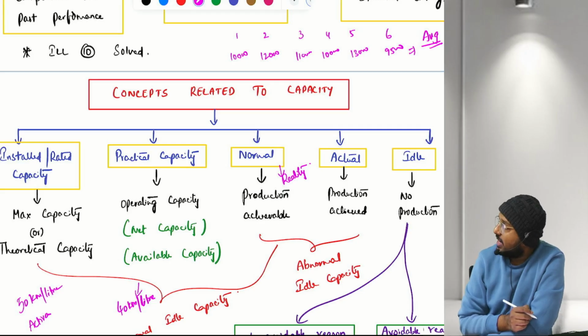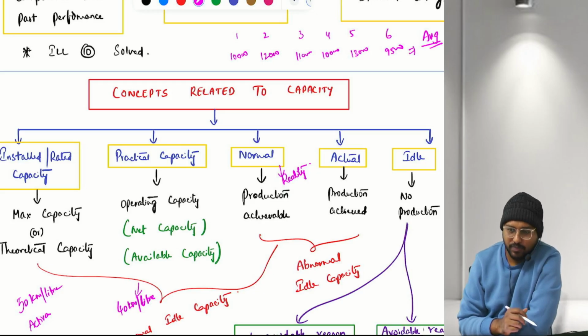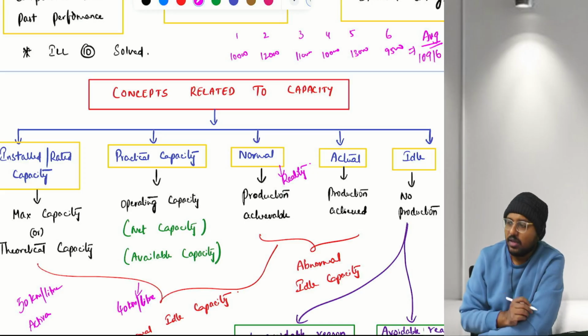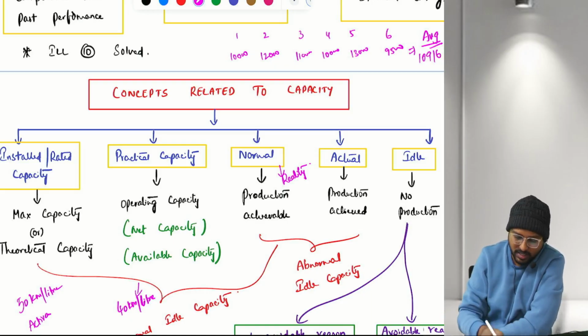Total this up, get the average and tell me the number. 10,000, 12,000, 11,000, 10,000, 13,000, 9,500 divided by 6. 10,916. This is our normal capacity, which means this is what you have actually achieved. Now let's say last 6 months, this month.